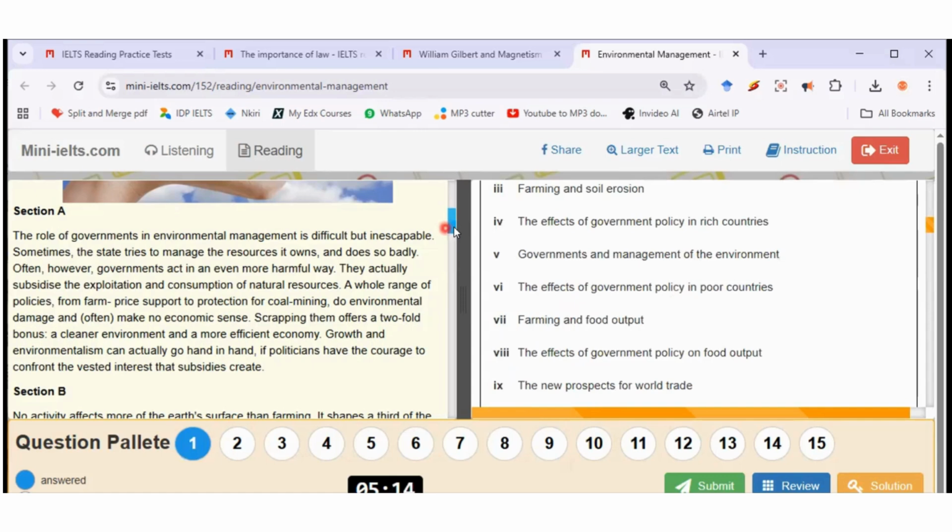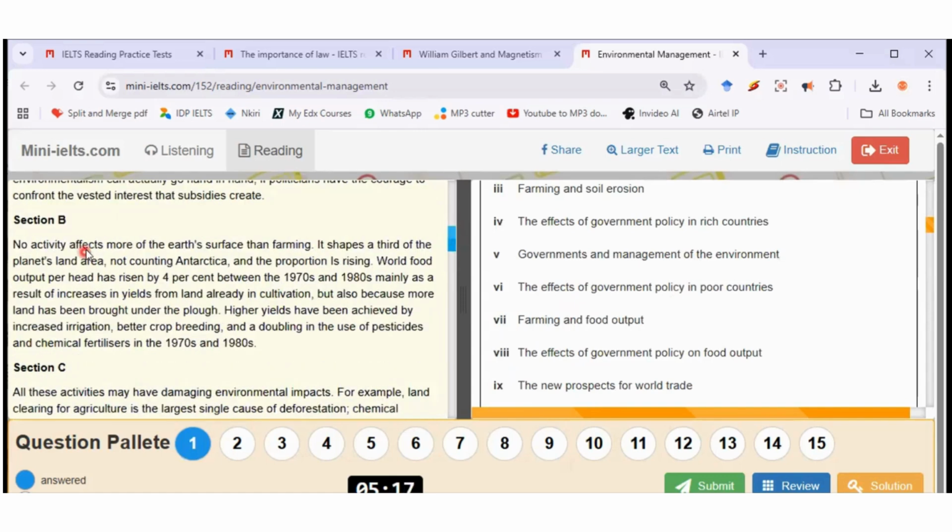So let's move on. Section B now. No activity affects more of the Earth's surface than farming. Can you see they move to farming now? It shapes a third of the planet's land area, not counting Antarctica, and the proportion is rising.